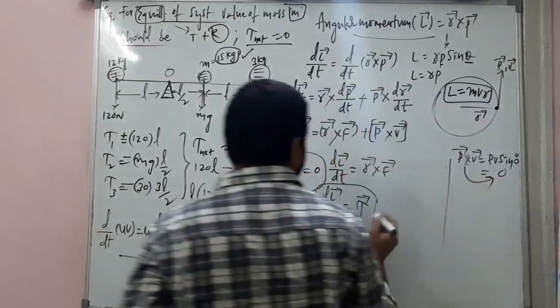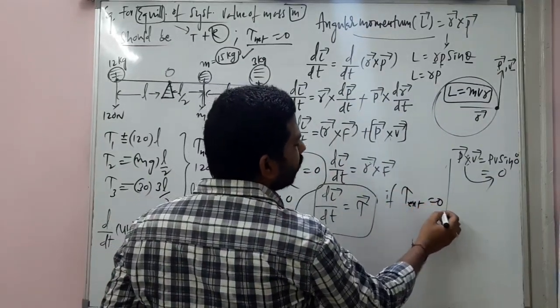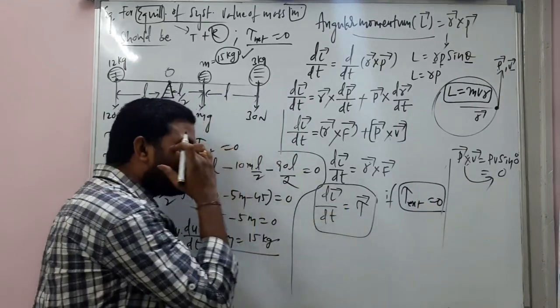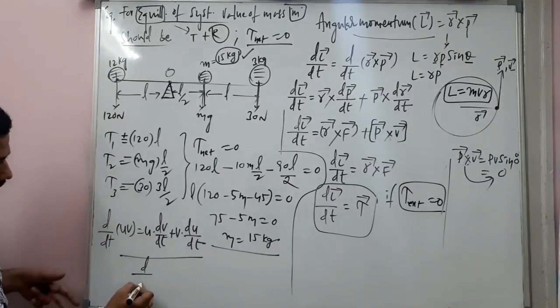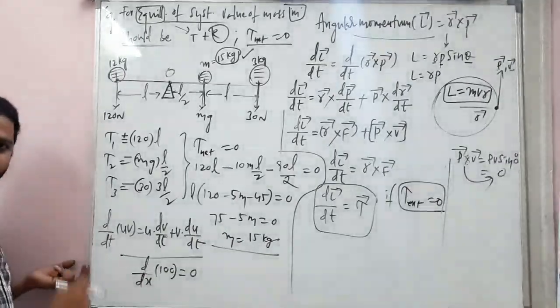For example, if external torque tau is 0, for this to be 0, L must be constant, yes or no? If I write d by dx of 100, that is 0, right? Why 0?